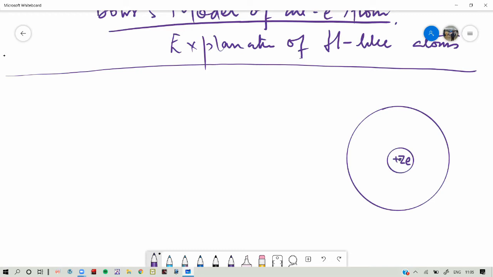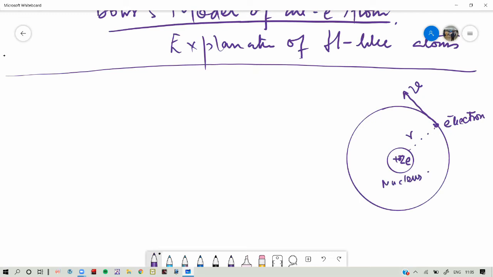For example, this is the orbit of radius r, and an electron is here which is revolving anti-clockwise, and the direction of its velocity is this. The electron is here, and this is the nucleus.